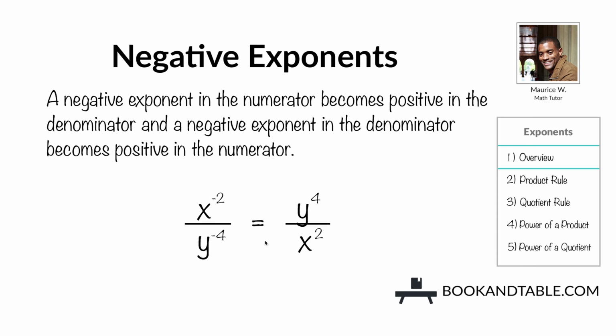One more example of this: x to a power of negative 2 becomes x squared when we switch it from numerator to denominator, and y to the negative 4 in the denominator becomes y to positive 4 in the numerator. So when you have a negative exponent, you move that term to the opposite side of the fraction line, and then you make the exponent positive.